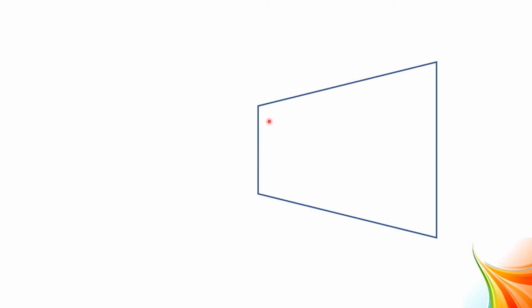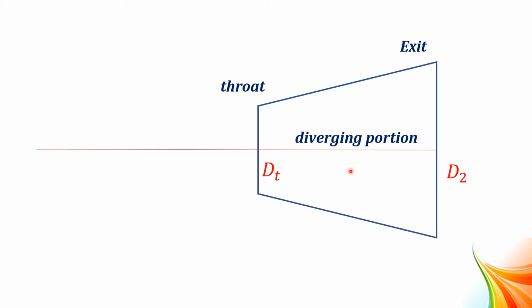See, here we can see the diverging part of the nozzle. This portion is the exit of the nozzle and this portion is the throat of the nozzle. Now we are taking the diameter at the exit of the nozzle as d2 and the diameter at the throat section as dt. For calculating the cone angle, we have to draw an axis line of this diverging portion.